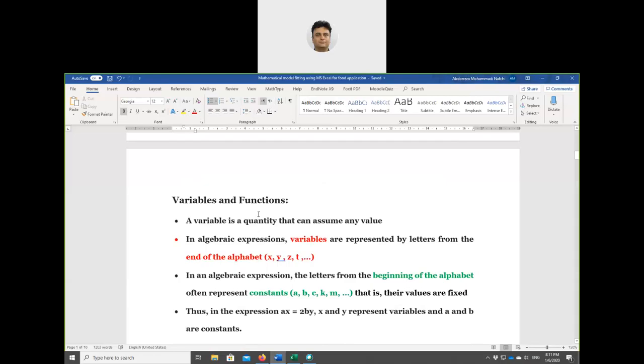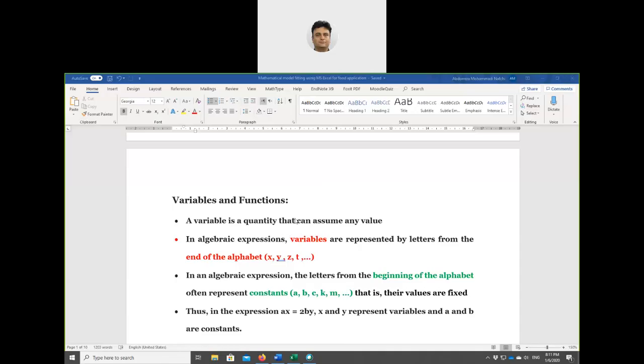First, we define the variables and function. A variable is a quantity that can assume any value.